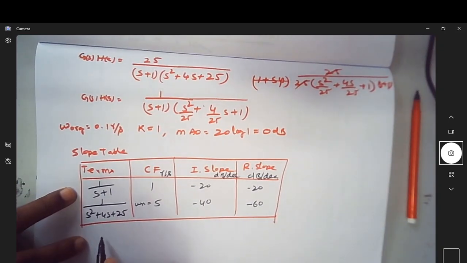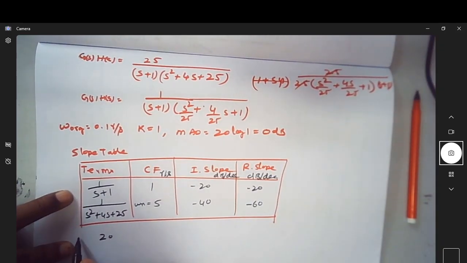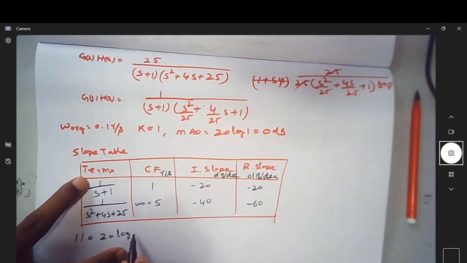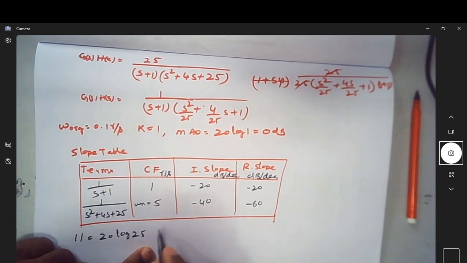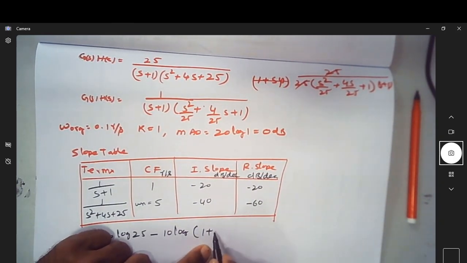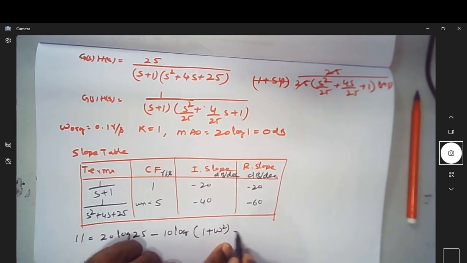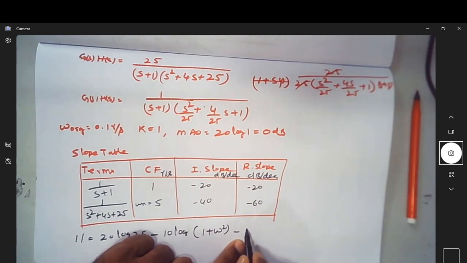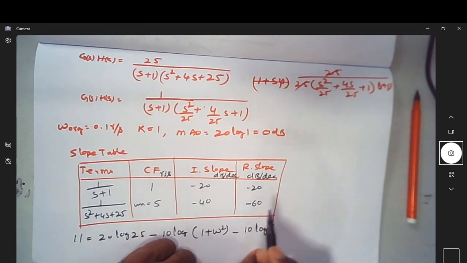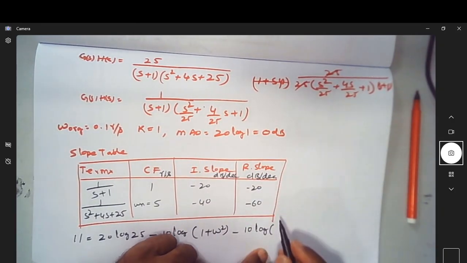So the magnitude is equal to 20 log 25 minus 10 log 1 plus omega square minus 10 log... So what is the real part? The real part happens to be 4.